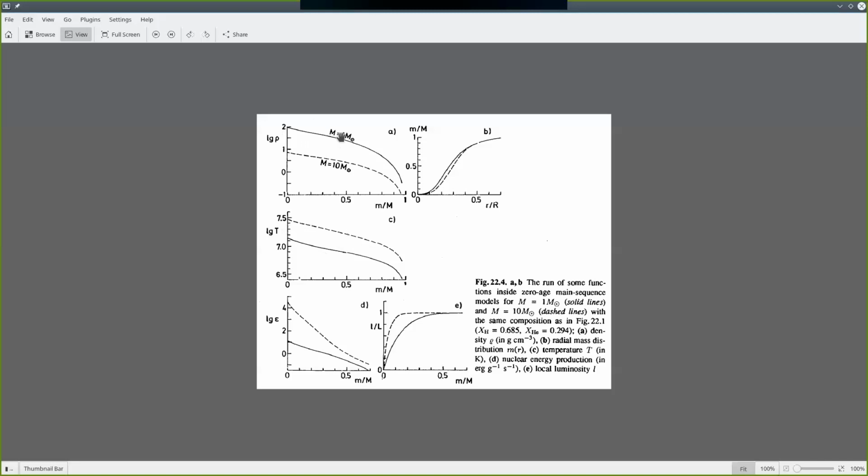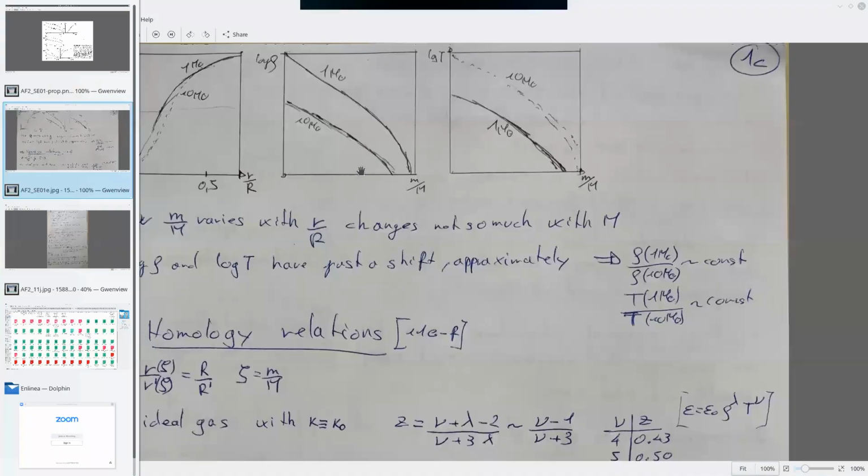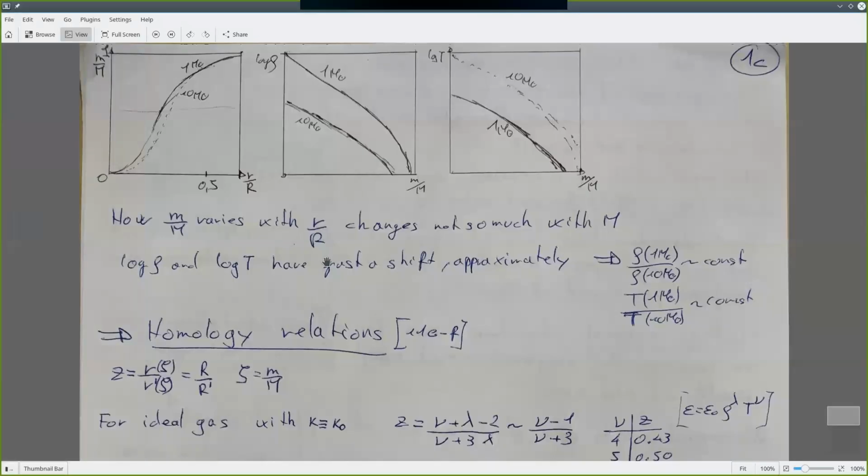It is just a shift. This is important because we're saying that m with respect to the total mass varies in the same way, not changing with the mass, and the density and temperature have just a shift in logarithmic scale.